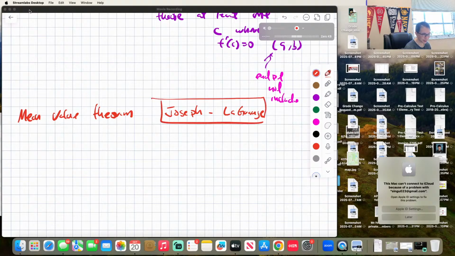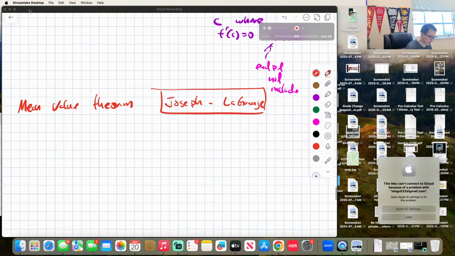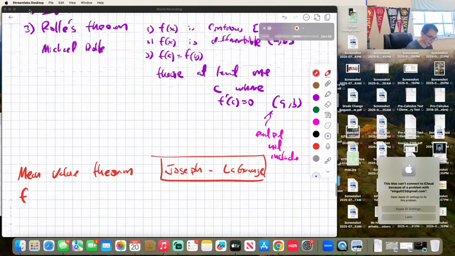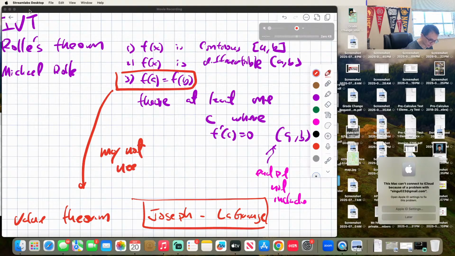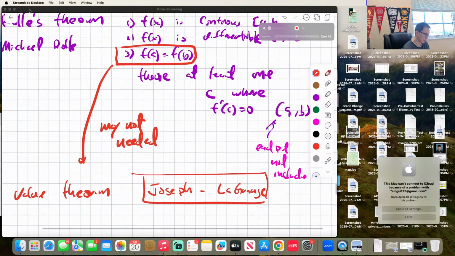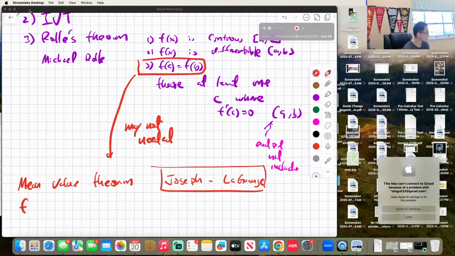So Joseph Lagrange came up with the mean value theorem, and he says this third condition may not be needed, because the third condition, f of a equals f of b, he felt it's not necessary.